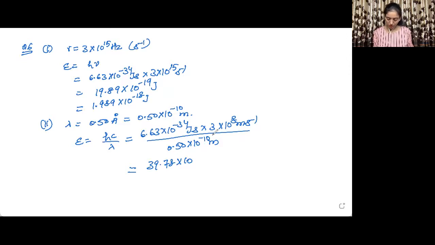So 34 minus 18 is coming out to be equal to minus 16 joule, or we can say 3.978 into 10 raised to the power. Again, because the decimal point has been shifted to the left, it will be added. So minus 15 joule. Okay, now let us move into the next question, that is question number 7.